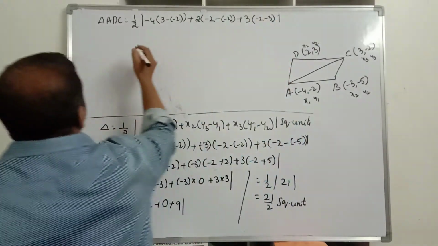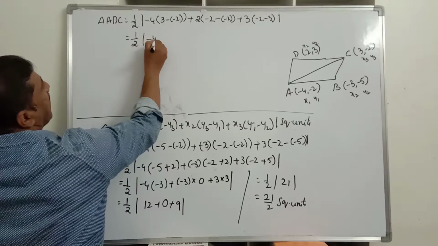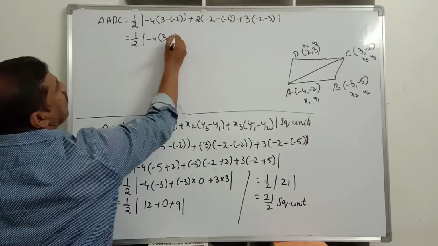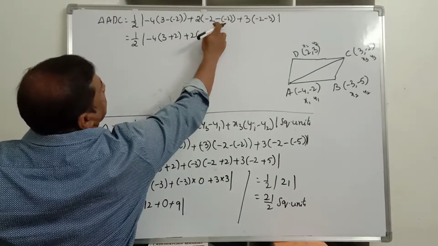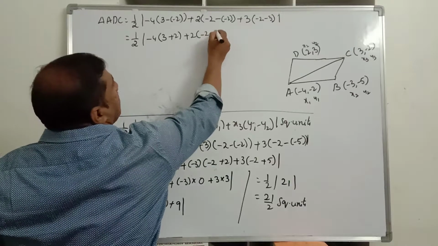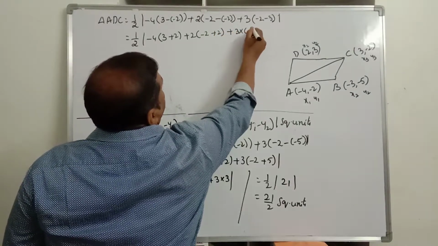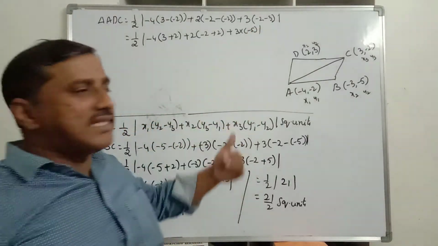Then you simplify this. We will get it as half into the modulus of minus 4 into 3 plus 2, plus 2 into minus 2 plus 2, plus 3 into minus 2 minus 3, which is minus 5.